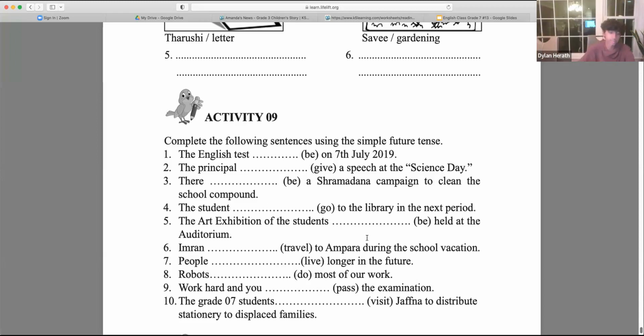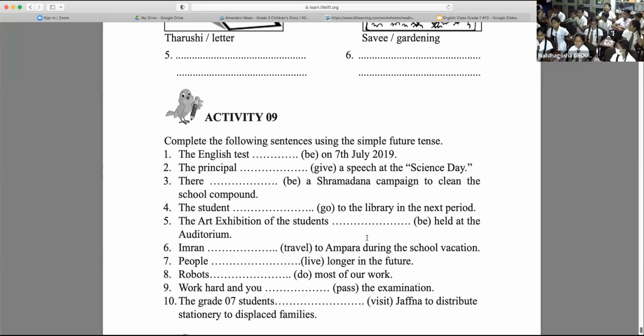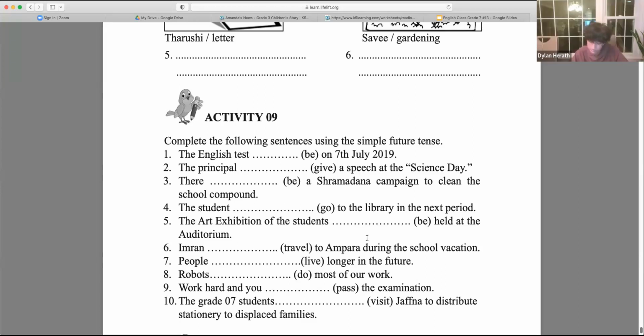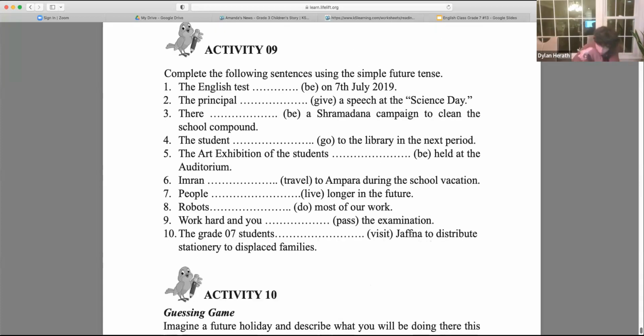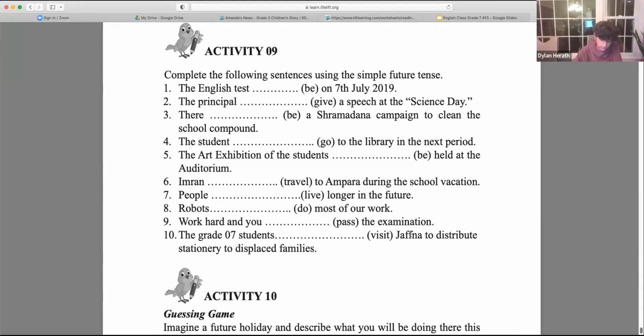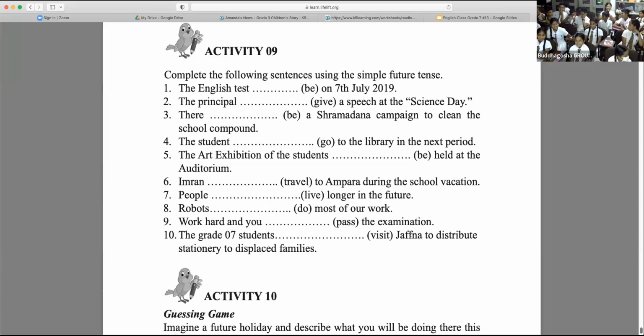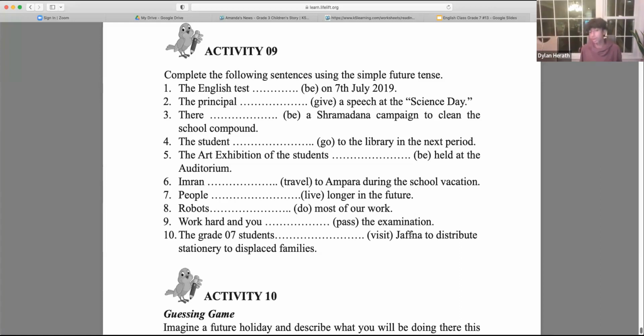Will pass the examination. Very good. And number 10, the grade 7 students blank visit Jaffna to distribute stationery to displaced families. Yes, will visit. The grade 7 students will visit Jaffna to distribute stationery to displaced families.